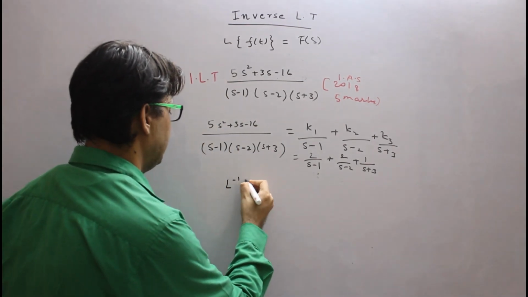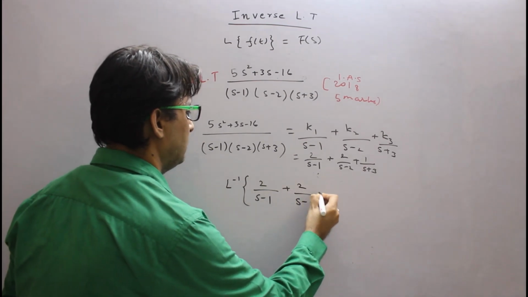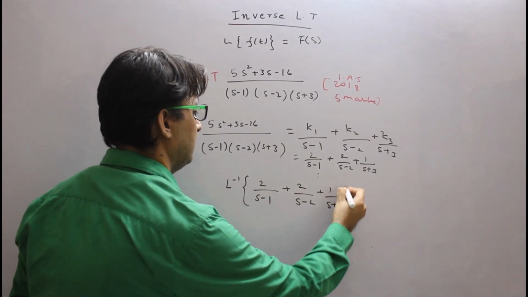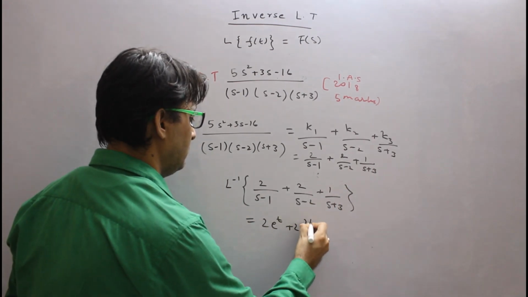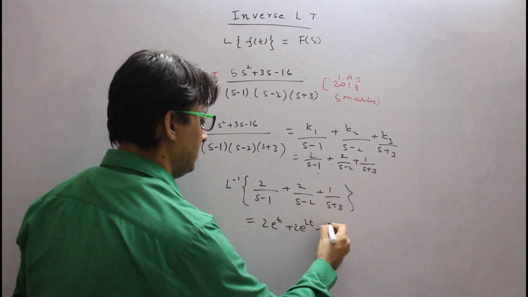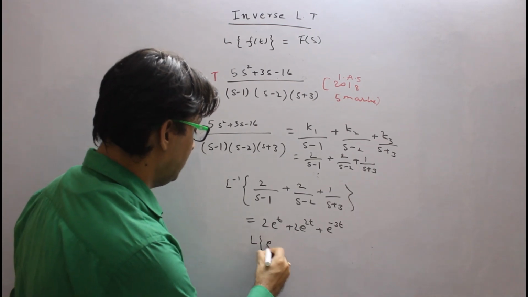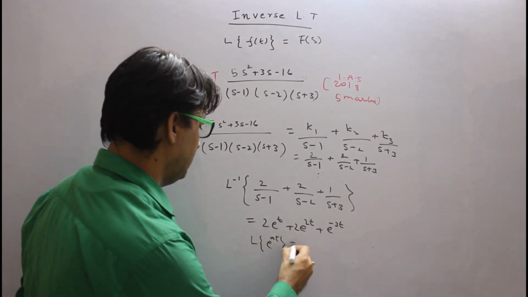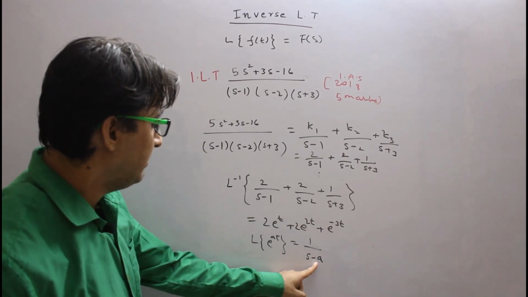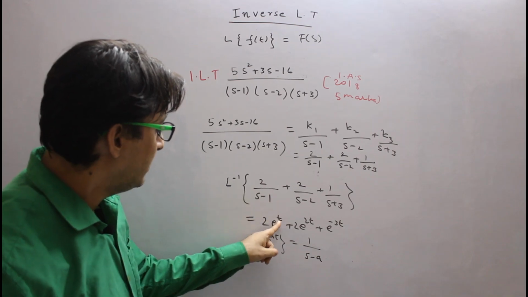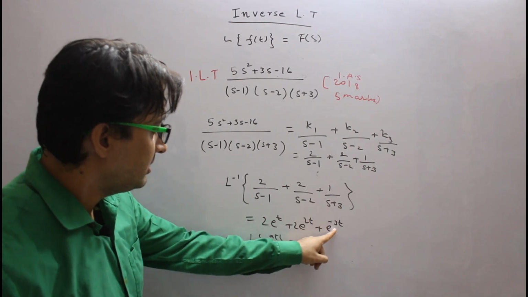So the inverse Laplace transform is equal to 2 e to the power t plus 2 e to the power 2t plus e to the power minus 3t. What formula have we used? We have used the Laplace transform of e to the power at is 1 by s minus a. Here if we compare, a is 1, here a is 2 and here a is minus 3.